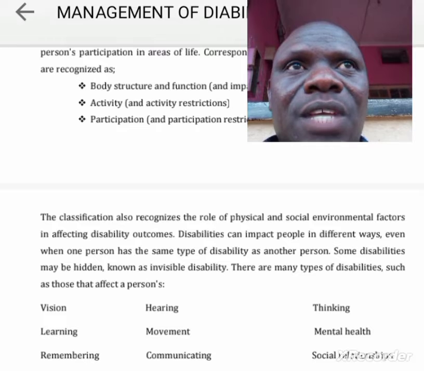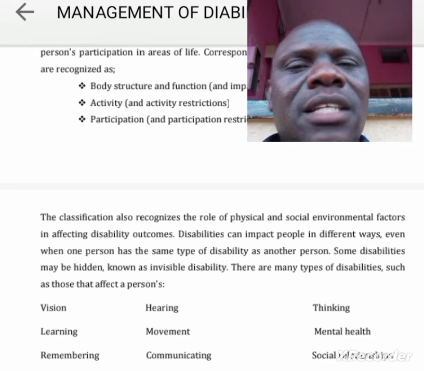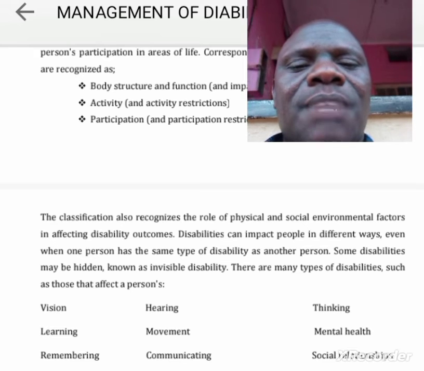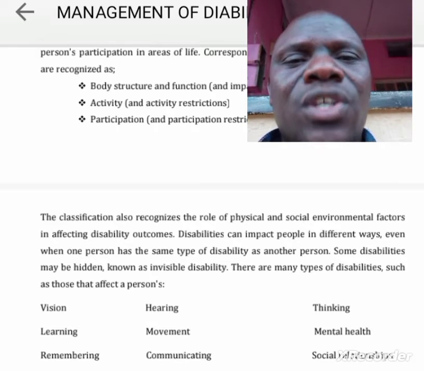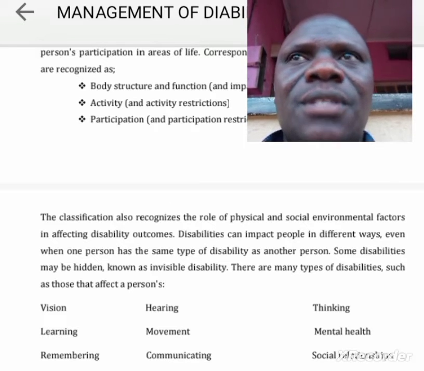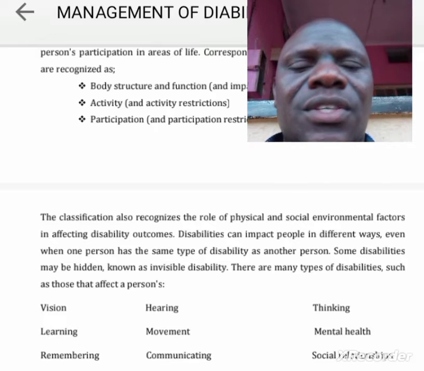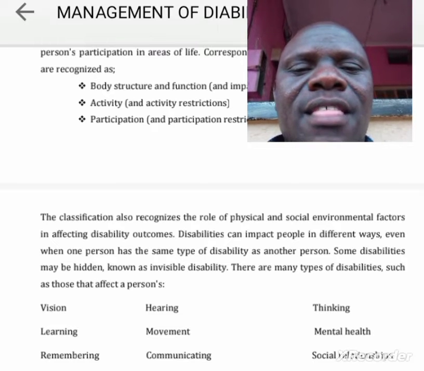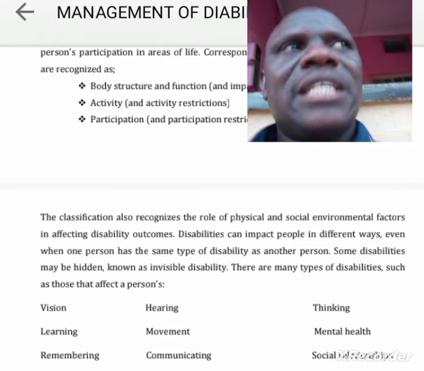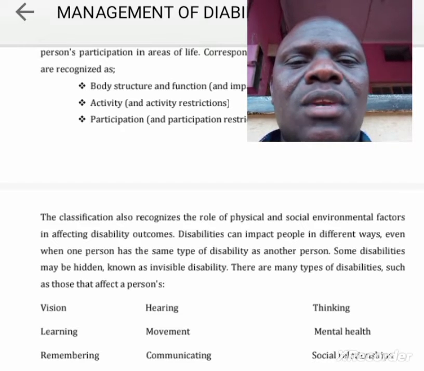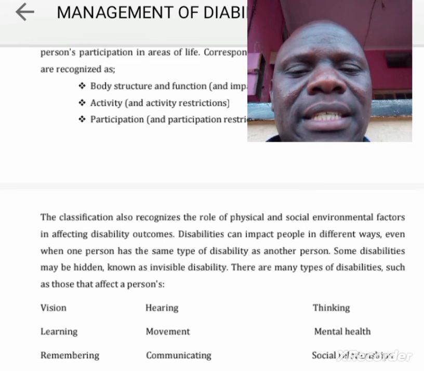And remember, we said some of them are intellectual, some of them are emotional, but some of them can be caused by chronic diseases. For example, these movement disabilities are mostly caused by chronic diseases. Then we have the mental disability, the inability of the brain to work as expected.